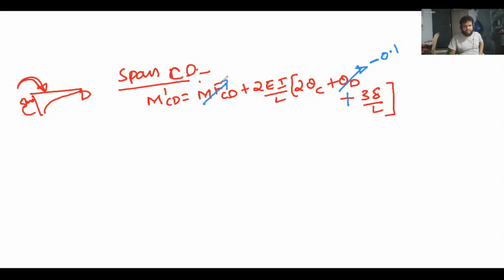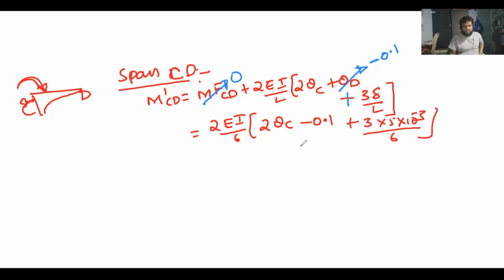So if I rewrite this equation, again 2EI by 6 into 2 theta C minus 0.1 plus 3 into 5 into 10 to the power of minus 3 by 6. So this will be equal to EI divided by 3 into 2 theta C minus 0.1 plus 2.5 into 10 to the power of minus 3.